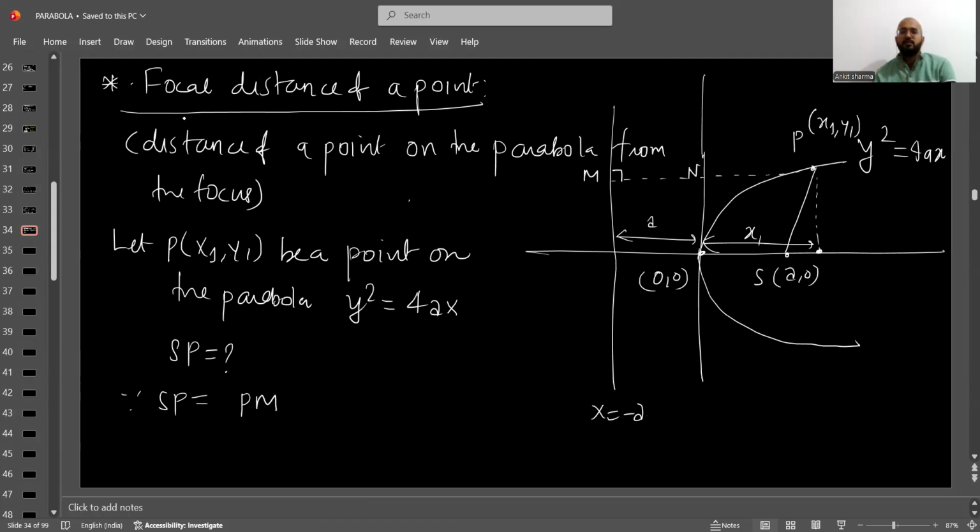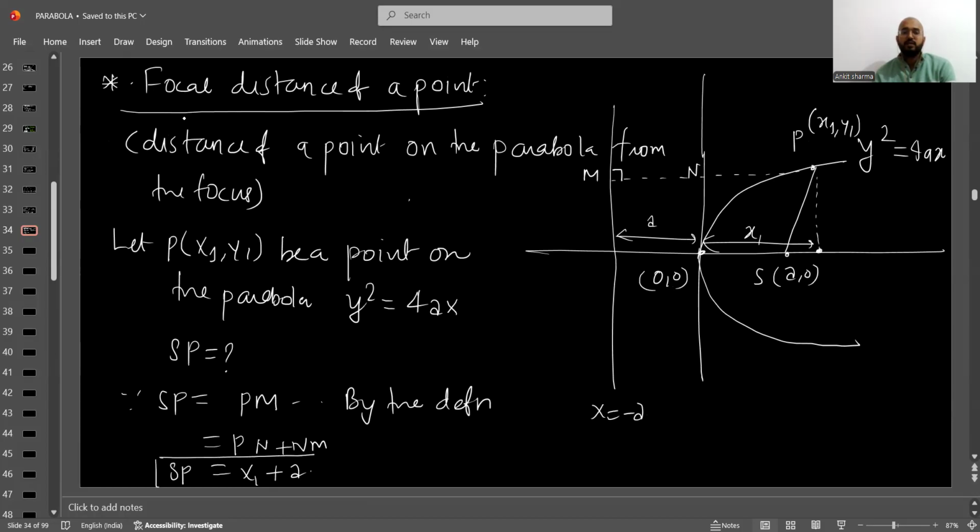PM is nothing but PN plus NM. So what is PN, by the way? It's going to be distance x1, plus NM is going to be a. So SP is going to be simply x1 plus a.